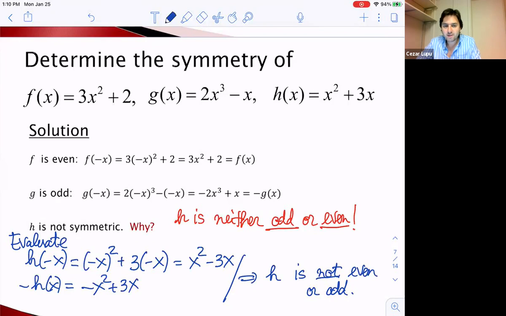You see, you just have an x cubed and a negative x, which somehow makes the function odd. But look at the function h. It's a combination of x squared, which we know is even, right? And 3x, right, which we know is, how is the function x, for example? 3x. Is it even? Is it odd?